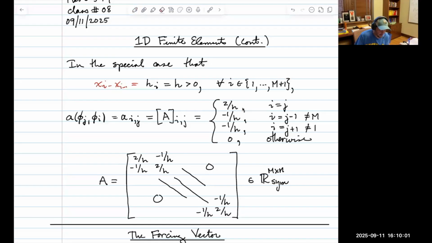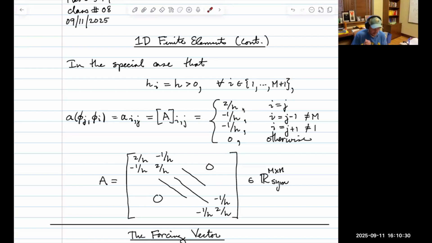Now, under the assumption that each one of those points in our partition is equidistant from its nearest neighbors, that's equivalent to the assumption that h_i is equal to some common mesh spacing h for all i between 1 and n plus 1.